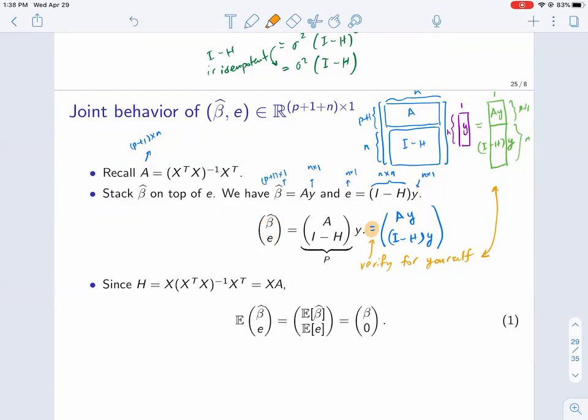In this case, we know the distribution of y, and we've managed to write this as a matrix P. I'm calling this P. So we have written beta hat, E as a matrix P times y, and this matrix P is p plus 1 plus n times n. This is n by 1, and this is p plus 1 plus n by 1. Okay. Does that make sense to people?